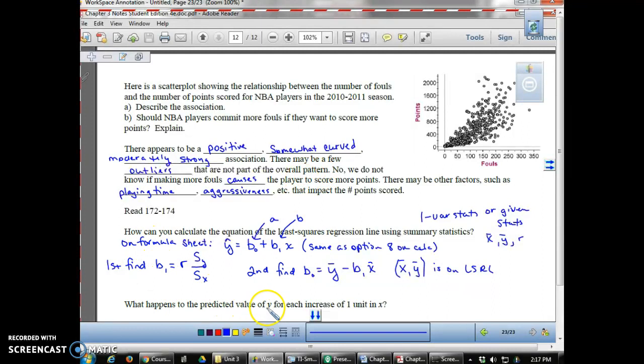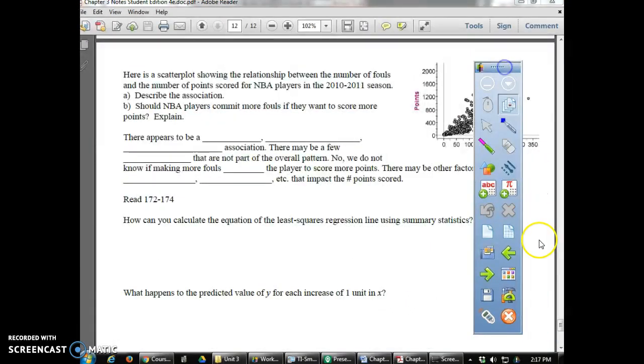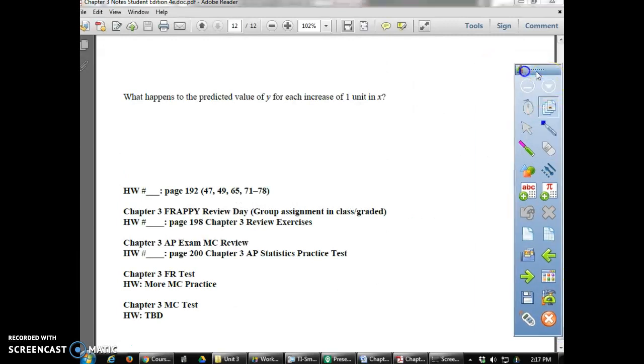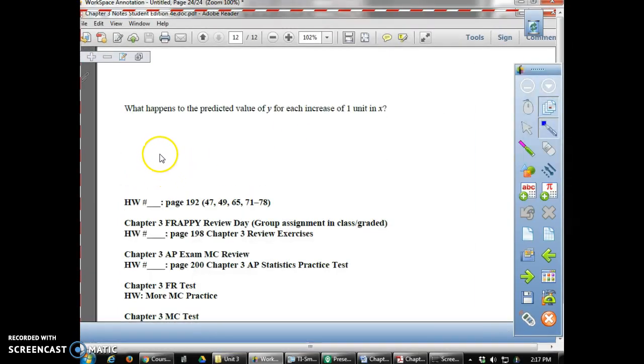Now, what happens to the predicted value of y for each increase of 1 unit in x? And this is how we interpret slope every single time. So we will say the predicted y value, but you want to use context.